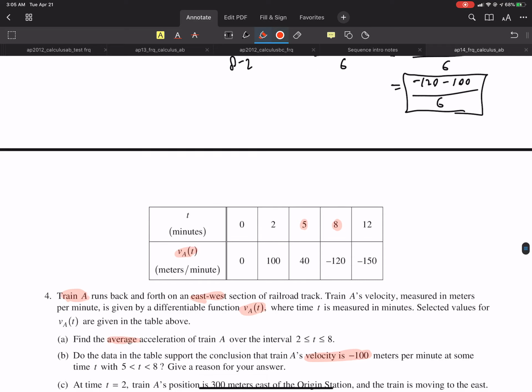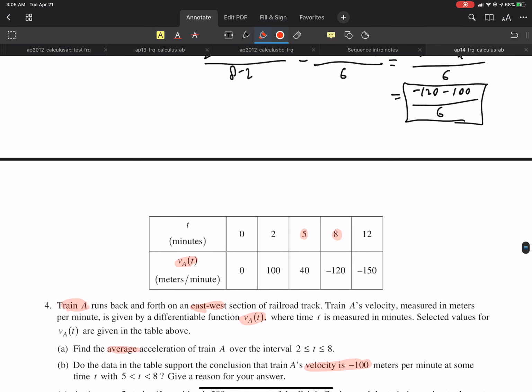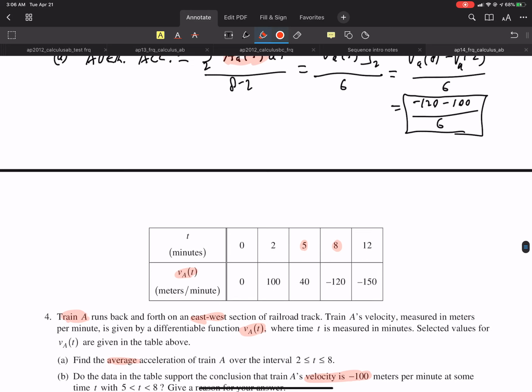The mean value theorem will prove things about the derivative of v, or the acceleration. This is just the velocity, not the derivative. So the intermediate value theorem will show you that this velocity has to equal a number. And if you go from 40 to negative 100 to 120, you have to cross negative 100. That is clearly the intermediate value theorem. So that's what we're doing for B.